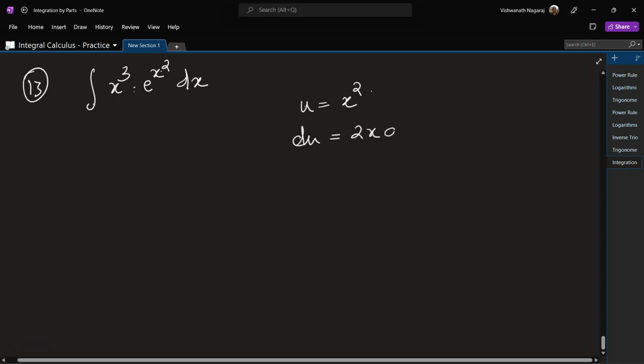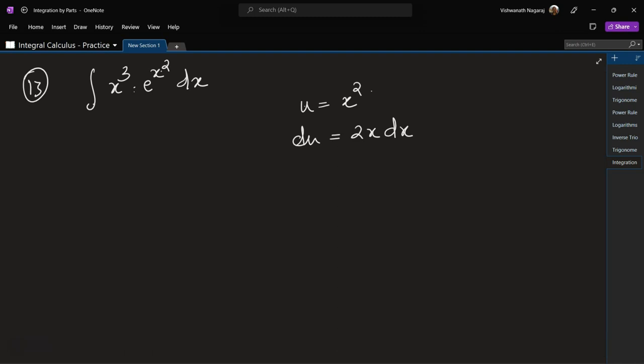Okay, first let's convert this into a form which is much more suitable. So what happens? We get this 2, we can bring it down. So x dx, so one of the x's, and we have x square.